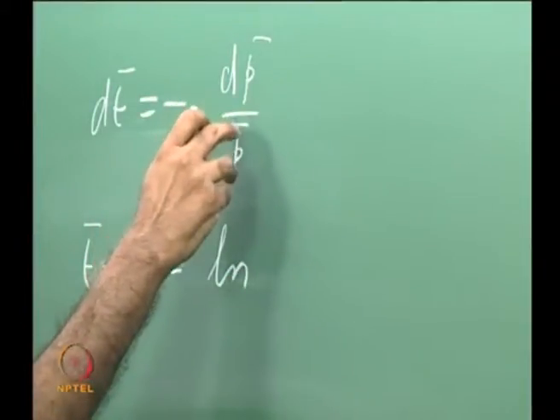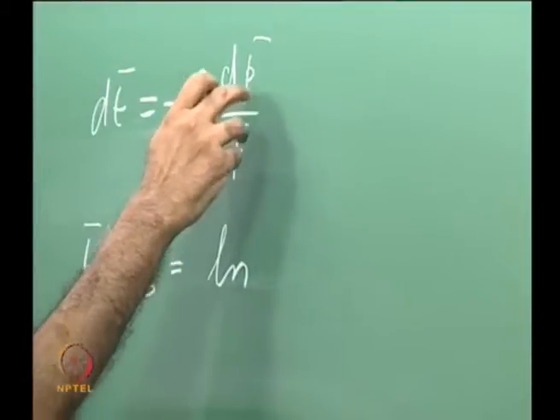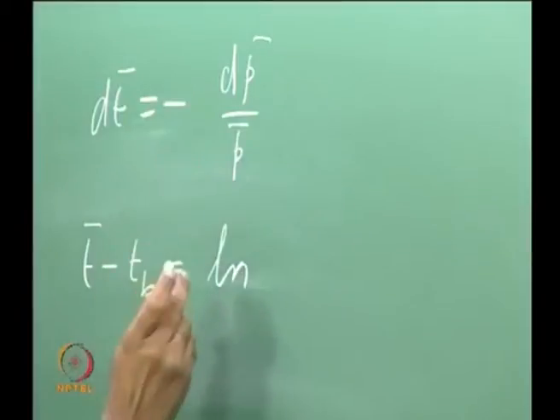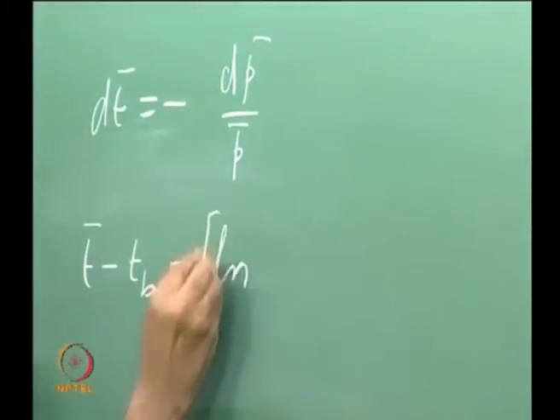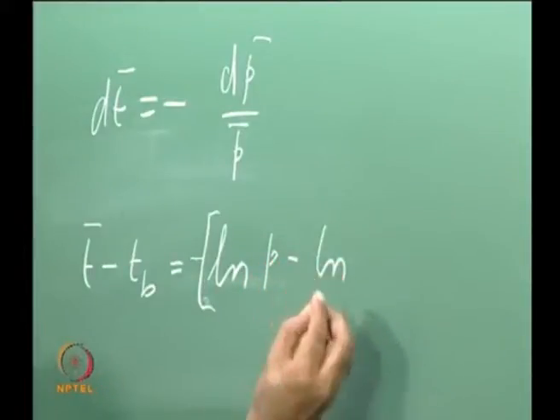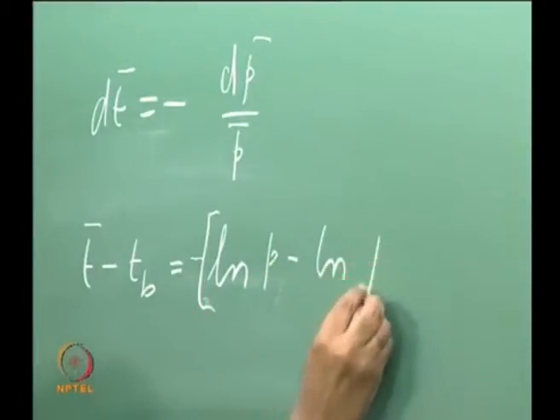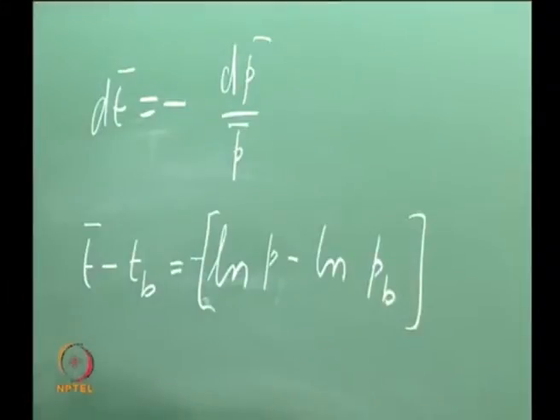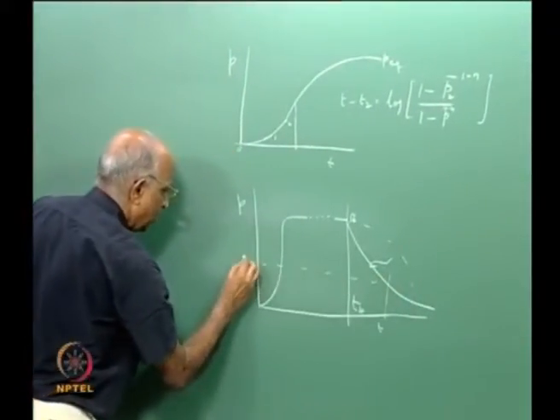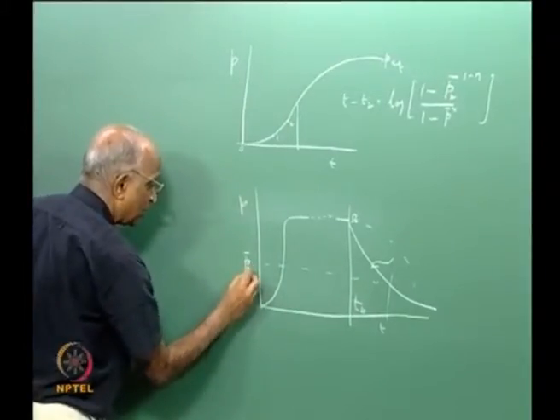now I have to switch the value, that means my final pressure will come at the bottom, and therefore the minus will come over here, that is minus ln of the final value minus ln of the value corresponding to any time, where I have the value of P bar, since I am non-dimensionalizing it.